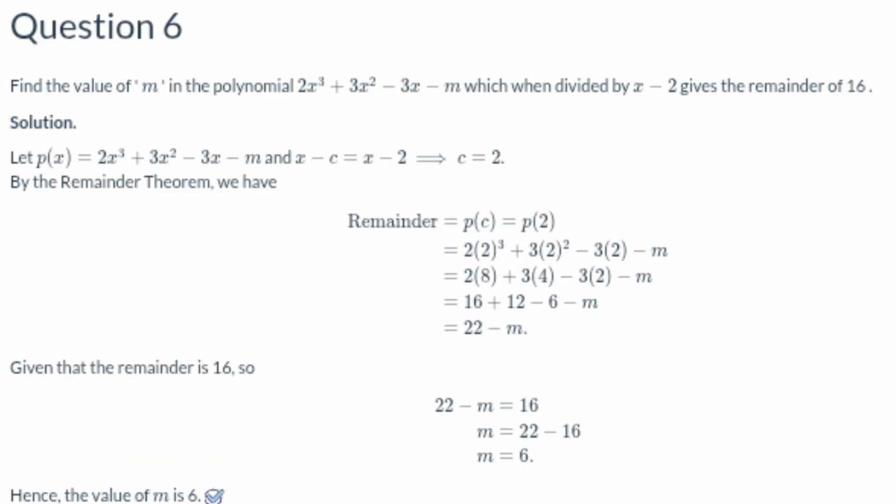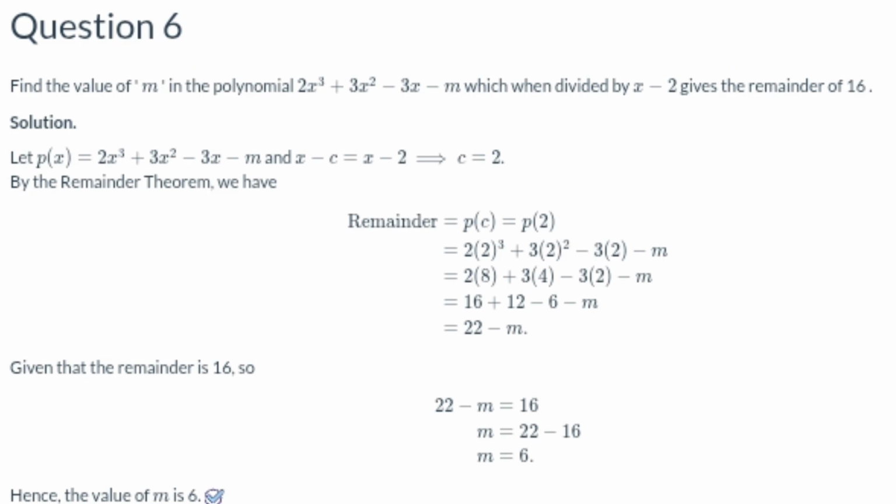We use the remainder theorem. Let p(x) = 2x³ + 3x² - 3x - m. Since the divisor is x - 2, the remainder is p(2). We calculate p(2). p(2) equals 2 times 2 cubed plus 3 times 2 squared minus 3 times 2 minus m.